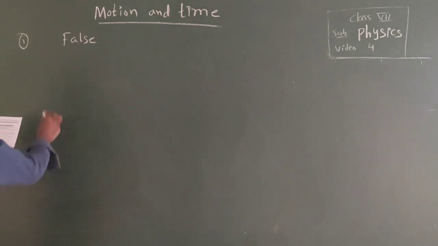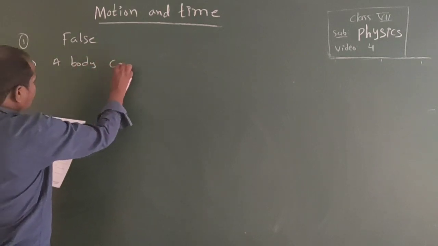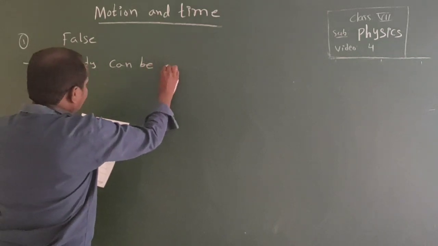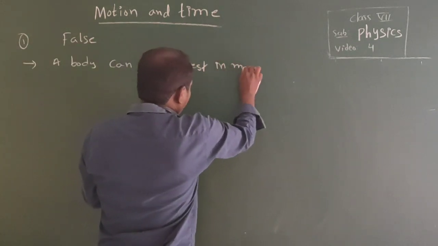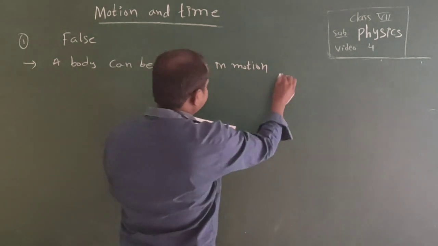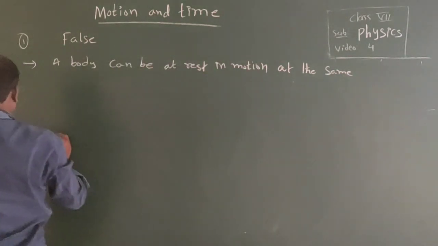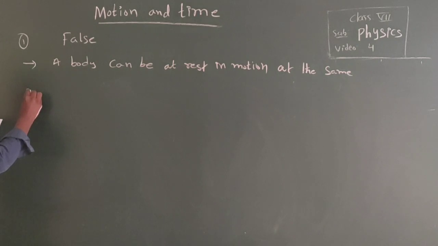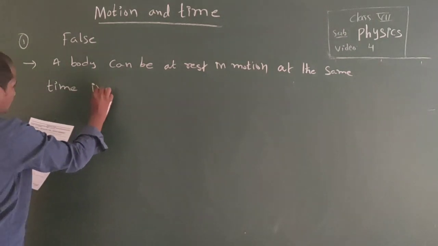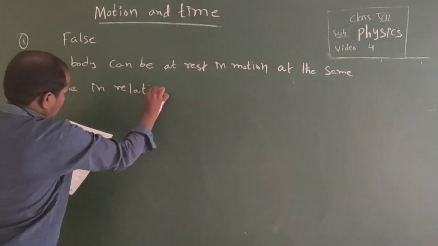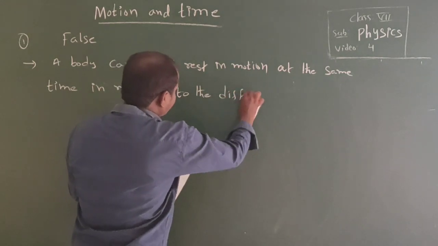First one is: a body can be at rest and in motion at the same time in relation to different sets of surroundings.